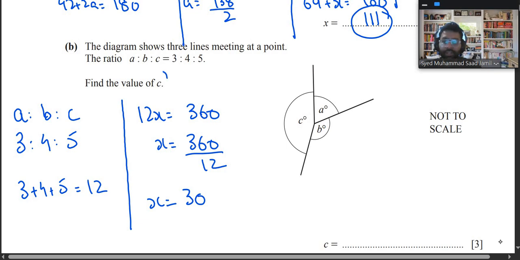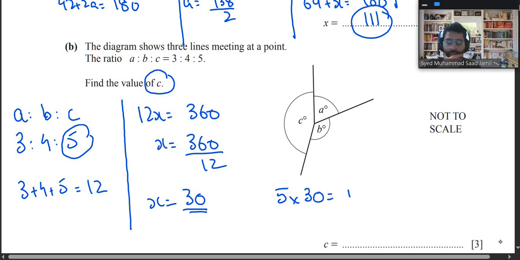So now it says find the value of C. Look, C is 5 ratios. So each ratio is 30 degrees. So we will do 5 multiplied by 30, which is 150 degrees. So the angle C is 150 degrees.